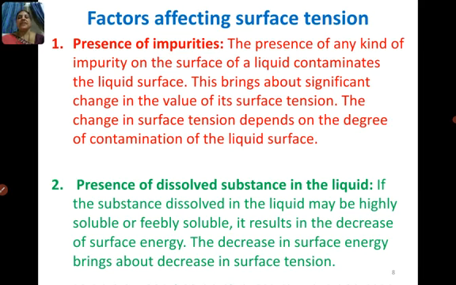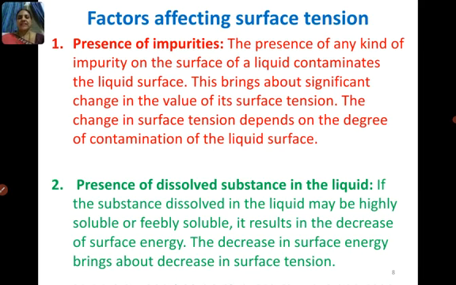Now we will discuss the factors which affect the surface tension. The first one, the presence of impurities. The presence of any kind of impurity on the surface of a liquid contaminates the liquid surface. This brings about significant change in the value of its surface tension. The change in surface tension depends on the degree of contamination of the liquid surface.